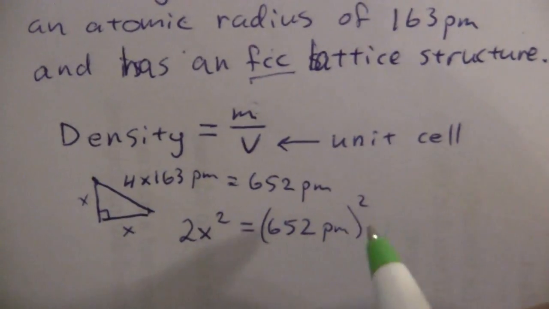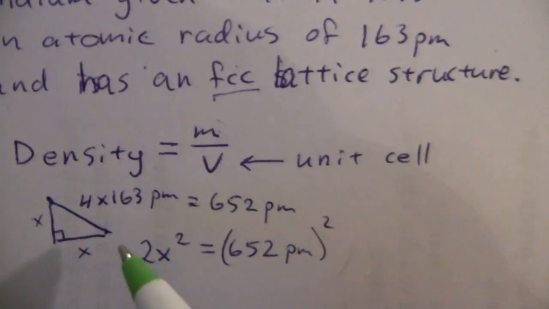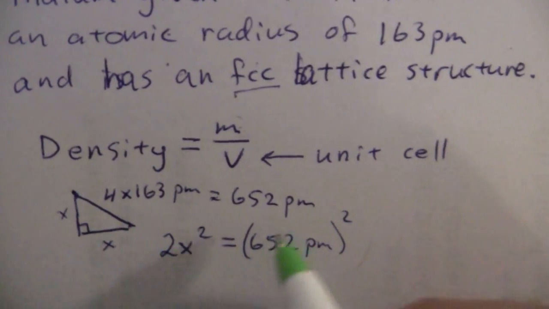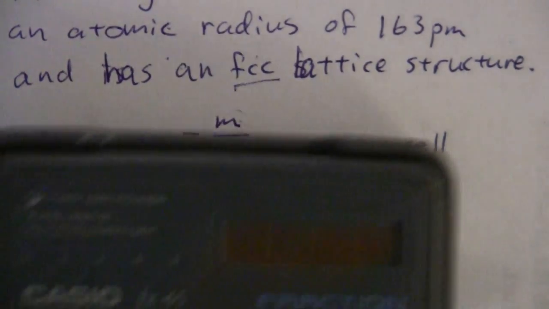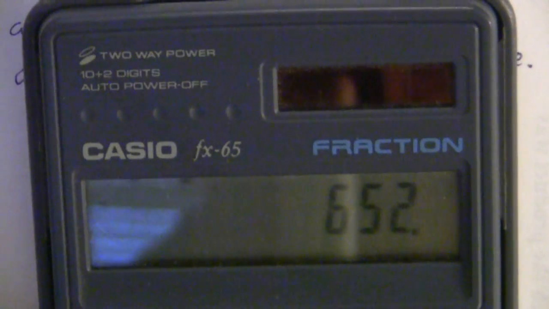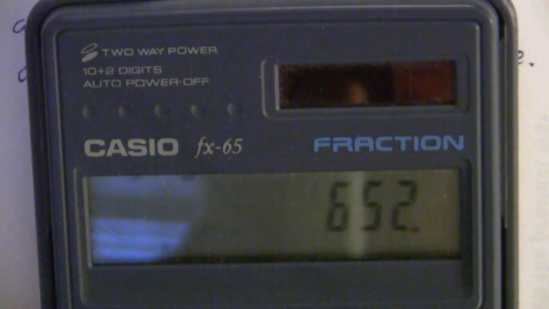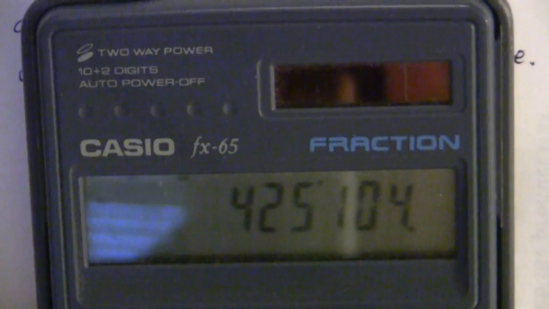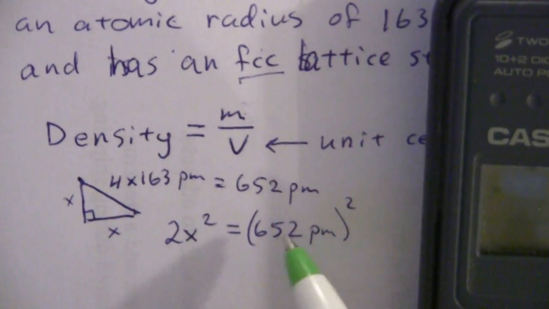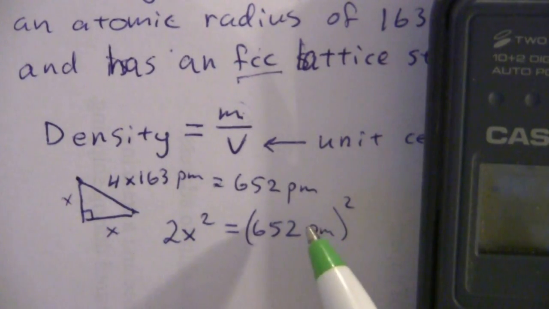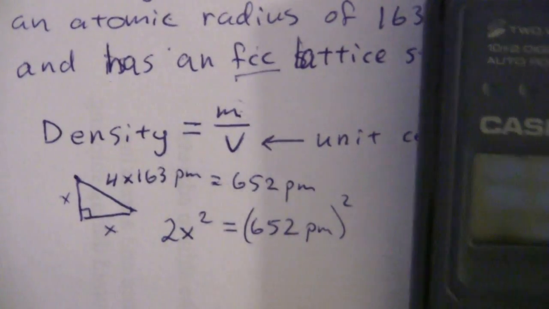Let's find the value for x. We can take 652 and multiply it by 652 to square it, and we get a large number there. That's this part. Now let's divide that by 2 and then take the square root.